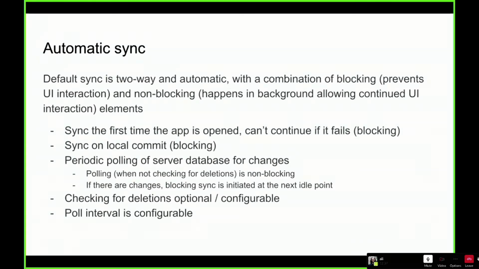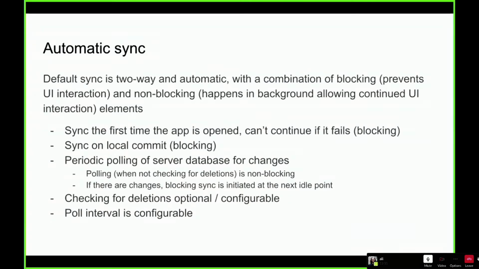The check itself is non-blocking, so the app will continue to function while it checks for changes. That's assuming you're not checking for deletions. If it does detect changes, then when, for example, the current script has finished executing, it will sync those changes down.